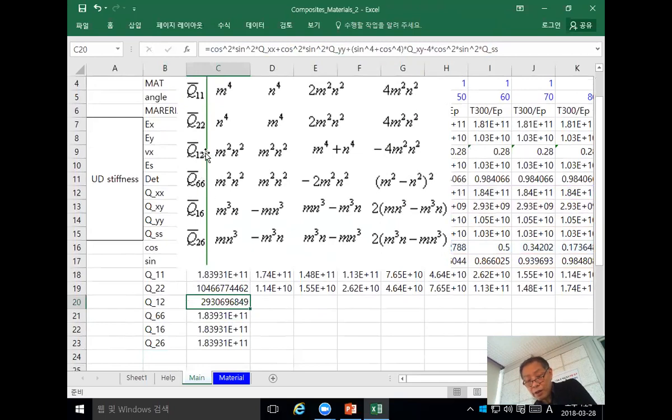And Q66. How about the Q66? I will just copy these terms and then see what's the difference.